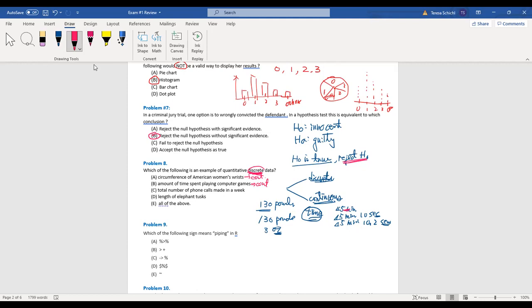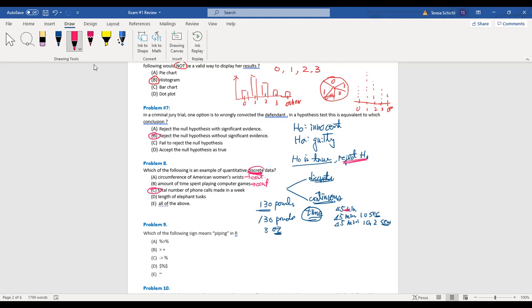Total number of phone calls made in a week. So the number of phone calls, you can exactly count 1, 2, 3, 4, 5, 6, right? So this is discrete. And now let's take a look at the length of the elephant's tusk, right? The length depends on how you measure it.